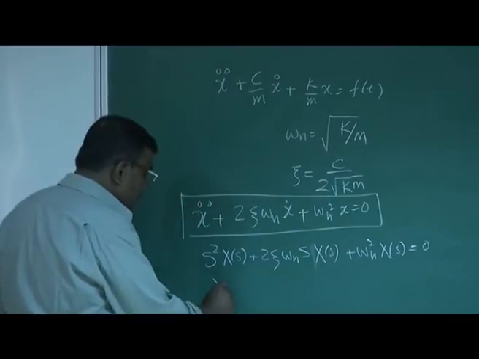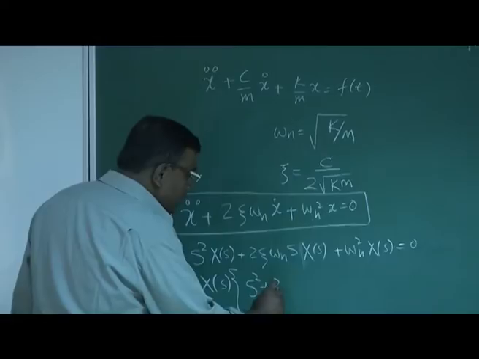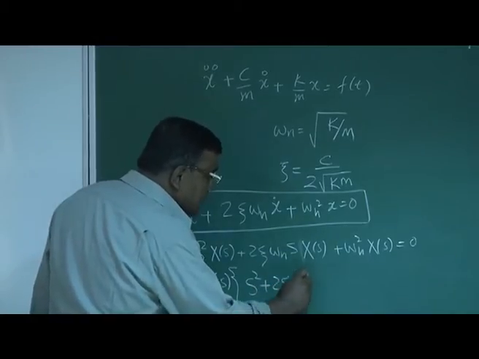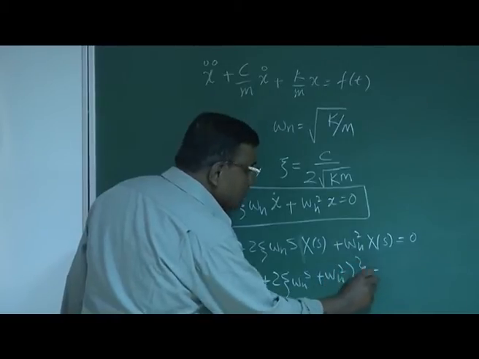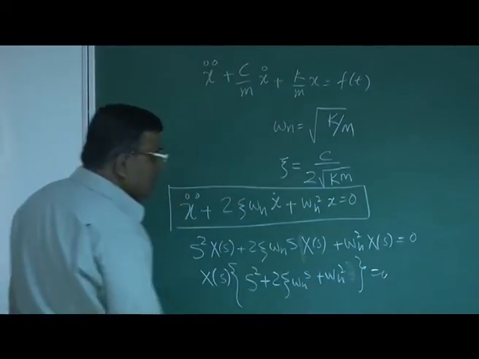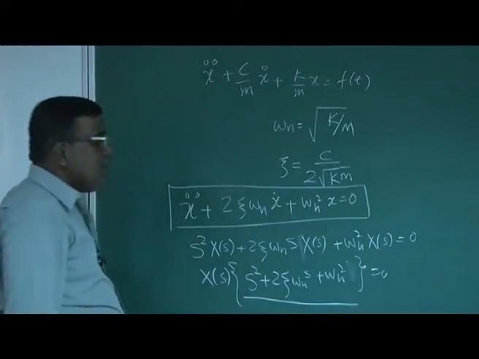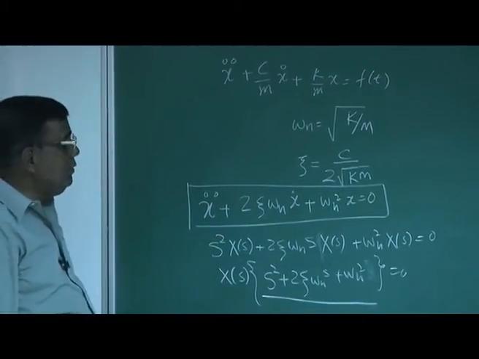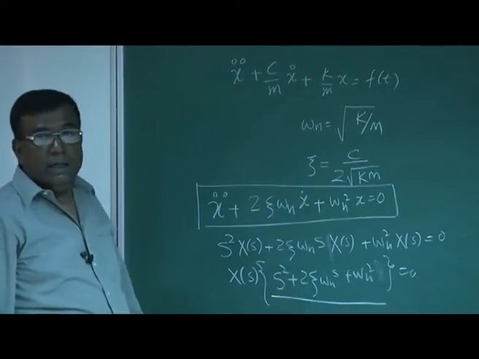So our equation becomes s square plus 2 zeta omega n s plus omega n square equal to 0. So this equal to 0 is our characteristic equation for a second order system in Laplace transform using the definition of zeta and omega n.